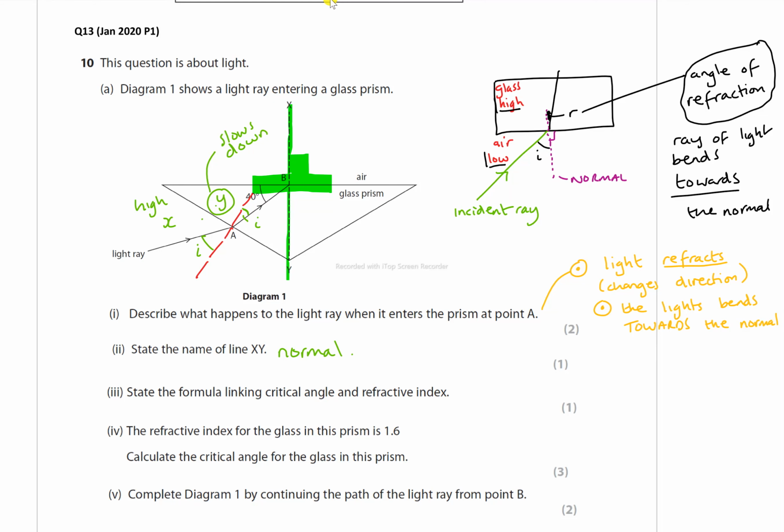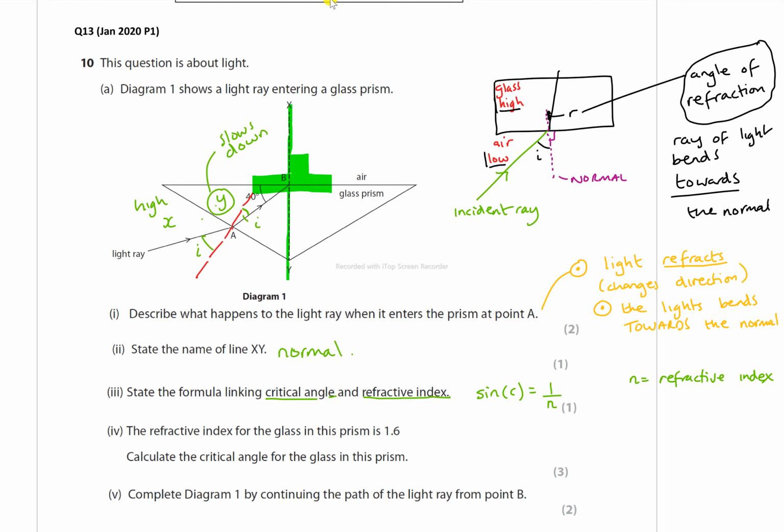State the formula linking the critical angle and the refractive index. Right. Sine of the critical angle is 1 over the refractive index. And n is called the refractive index.